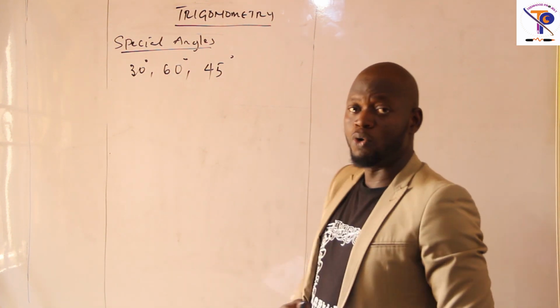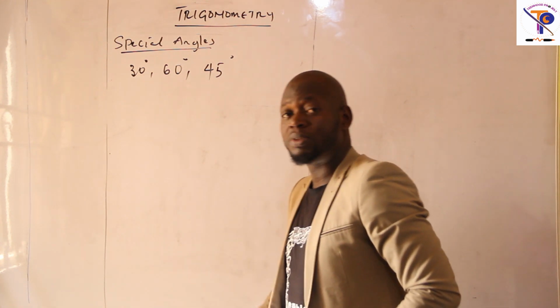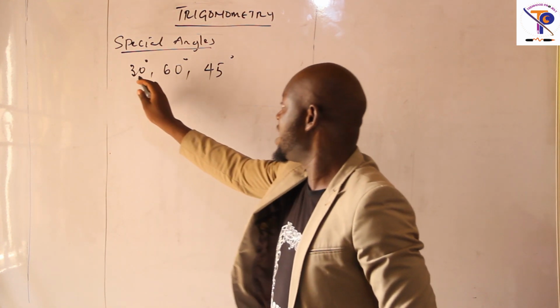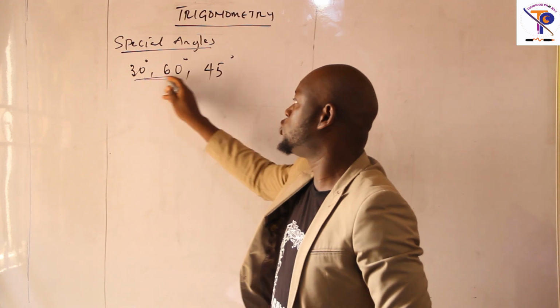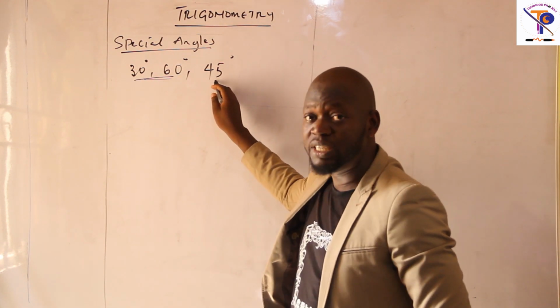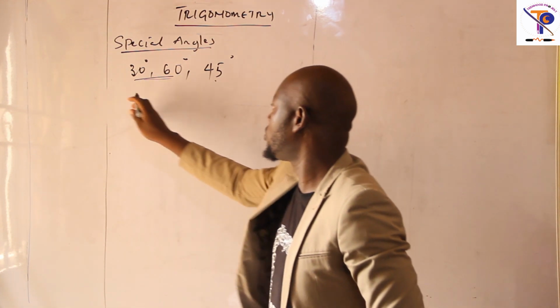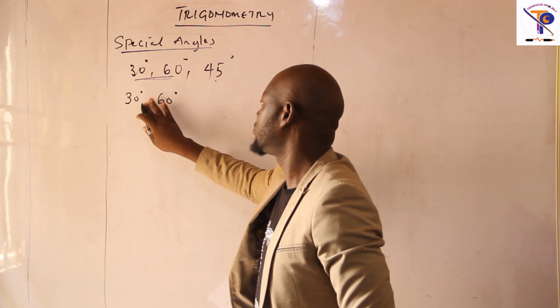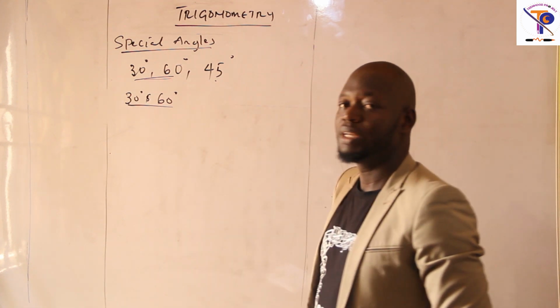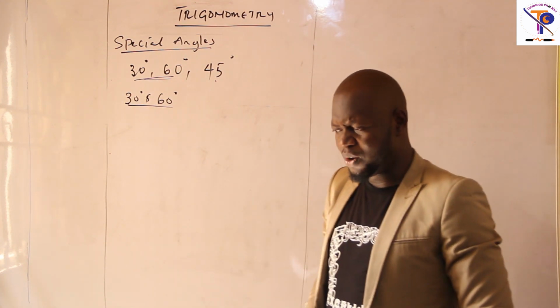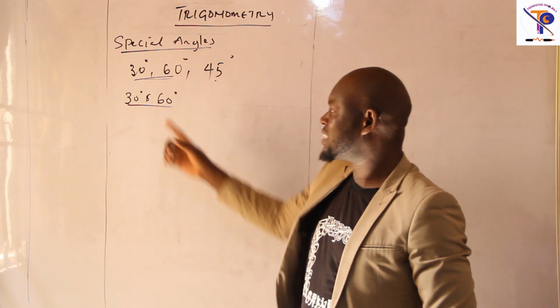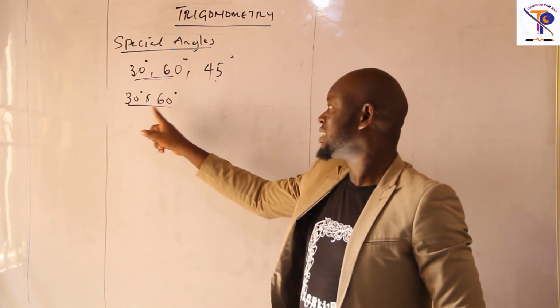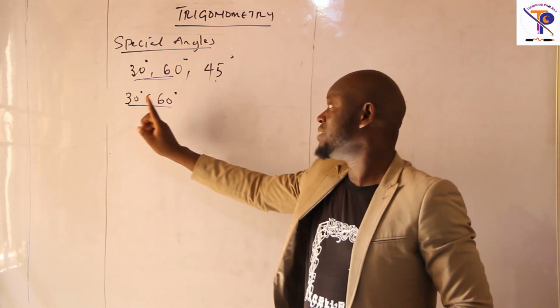So let's go from 30 and 60. Here we are going to be using one diagram for these two and one diagram for 45. So let me go for 30 degrees and 60 degrees first. To get 30 degrees, we can divide 60 into 2.